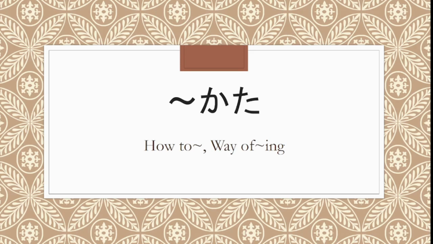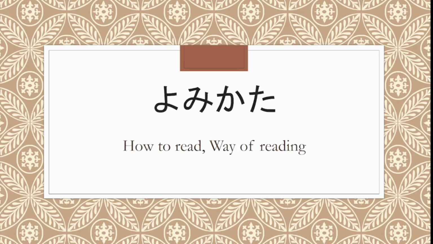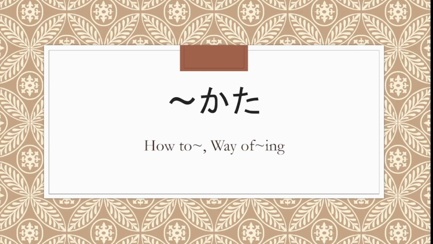For example, in the previous word, we have yomi kata. We have yomimas, so we just remove mas and add kata. So it becomes yomi kata, and the meaning is how to read, a way of reading. We will learn more about this kata form in the upcoming grammar session.